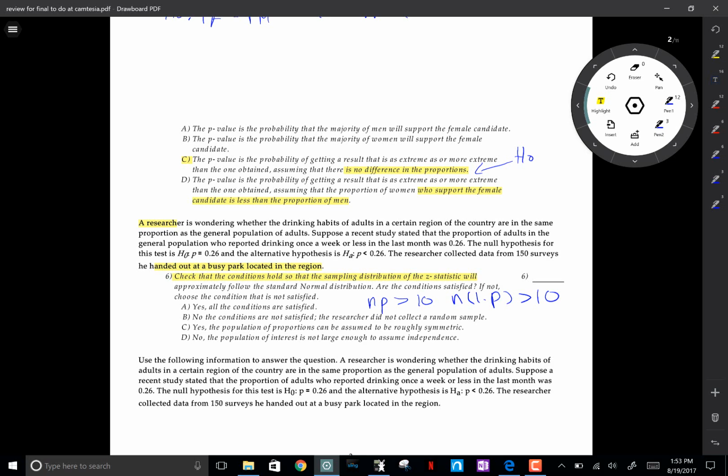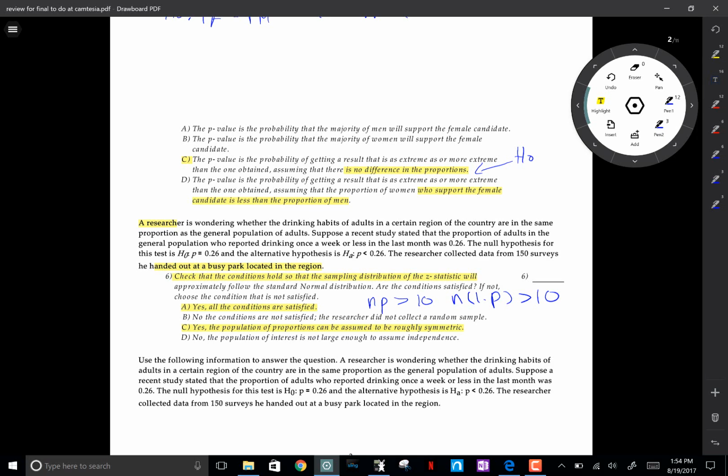So we can't use the normal distribution because the data set is not random. So we just want to look through A, B, C, and D and see which one says that. We already know A and C are not going to be the correct answer, because they're saying that the condition had been met.